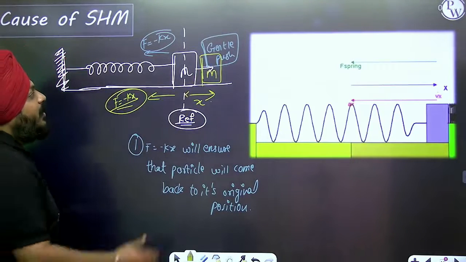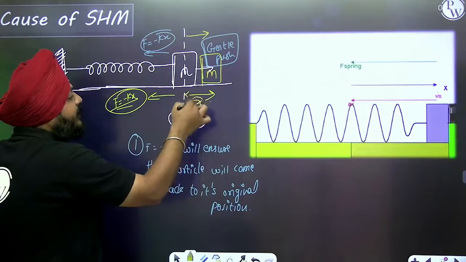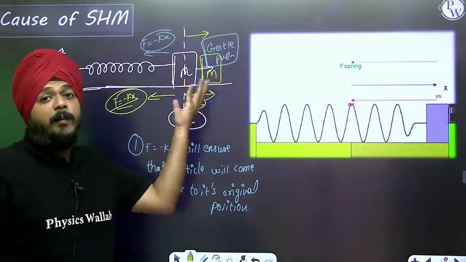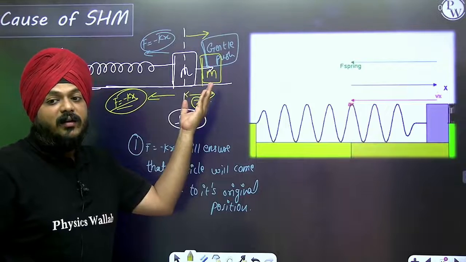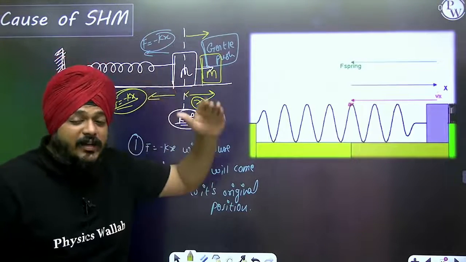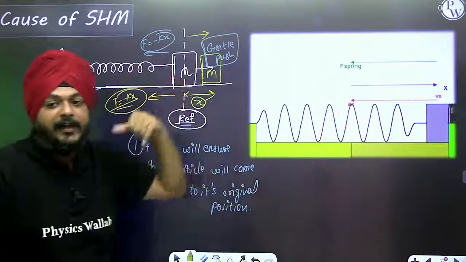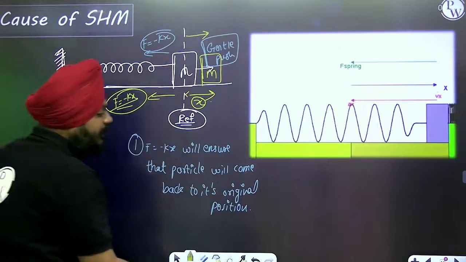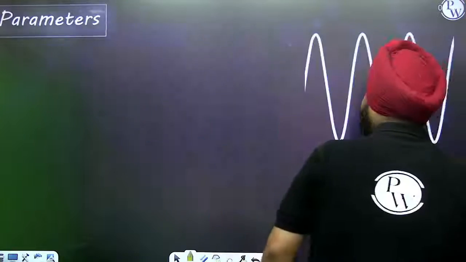Now what happens here? Whenever it is displaced by the distance x, it has the maximum amount of potential energy. And when it comes back to its original position, that entire potential energy is transformed into kinetic energy. We are going to discuss that part in detail.